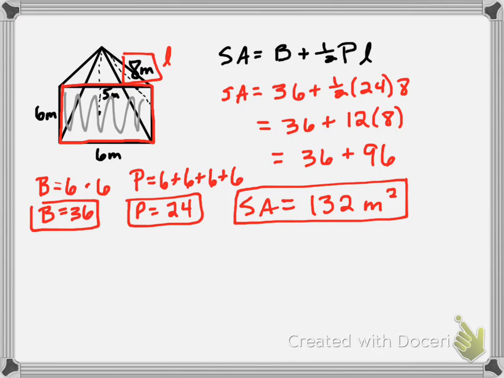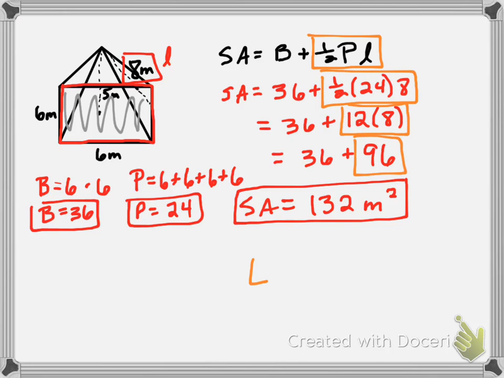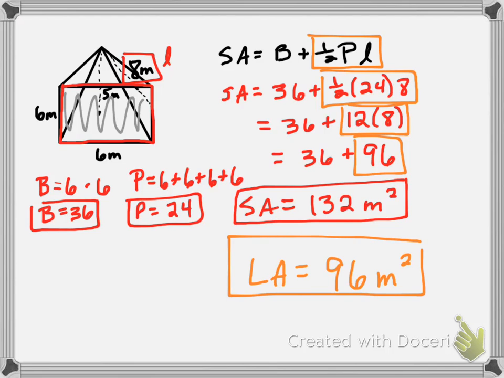So looking at this example we did, if the lateral area is just the 1/2 perimeter times slant height, then it's just this number. So the lateral area is 96 meters squared. So I actually had the surface area and the lateral area for this pyramid.